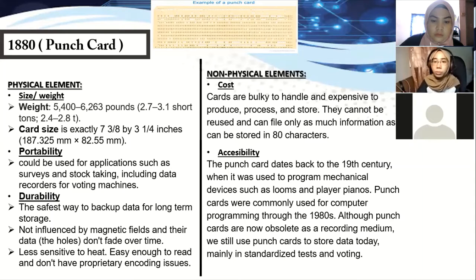We still use punch cards to store data today, for standardized tests and voting. Okay, this is about the punch card. Okay, next.